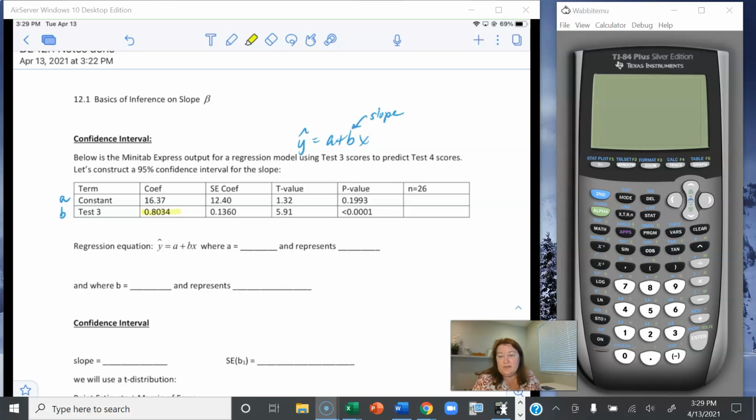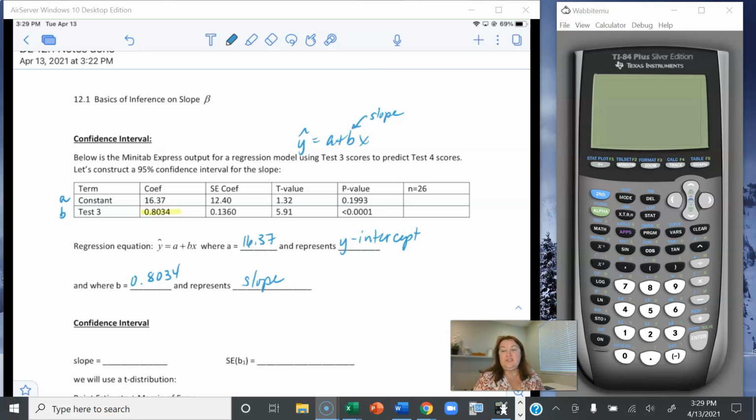In the regression equation right underneath it, a is equal to 16.37, and a represents the y-intercept. And b is 0.8034, and that's the one that represents slope.